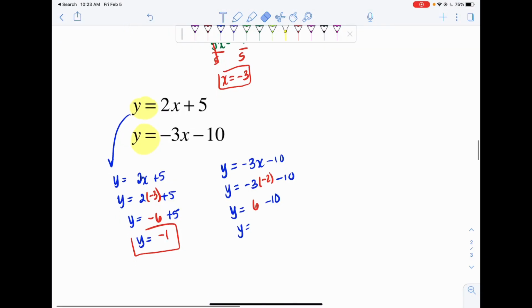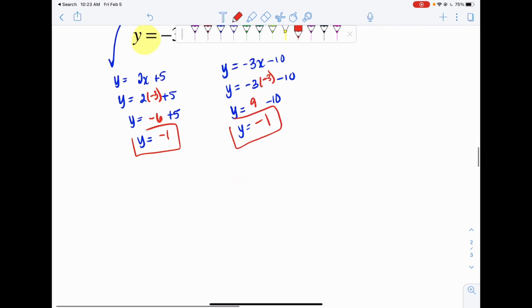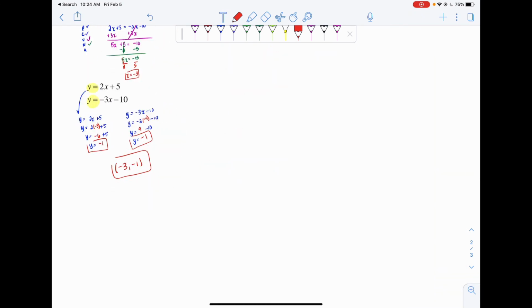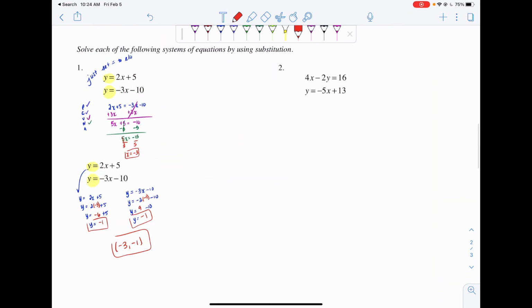Ooh, I made a hiccup. I'm supposed to substitute a -3, not a -2. So when I now do -3 times -3, I get +9, and 9 minus 10 is -1. So if you look, I still get y equals -1. So my final answer is x equals -3 and y equals -1, or -3, -1. That's your final answer. Let's go on to our next example.